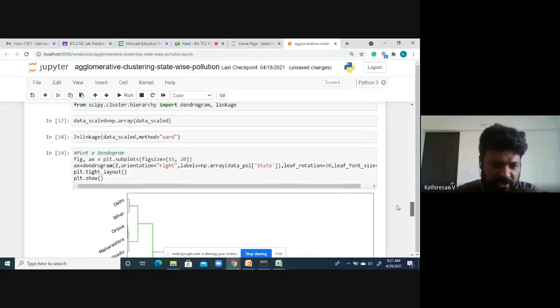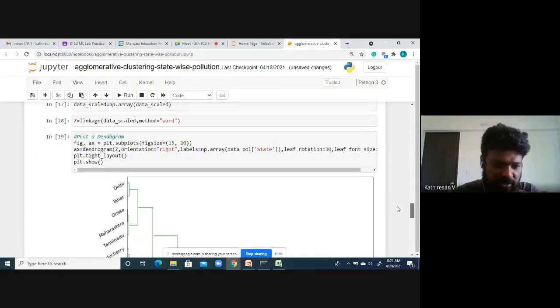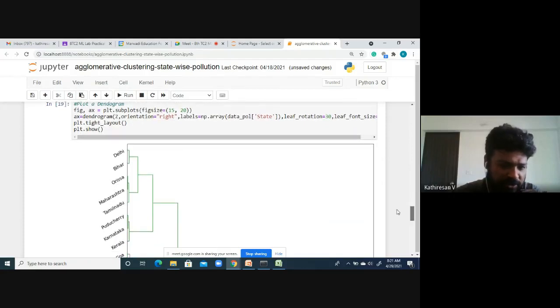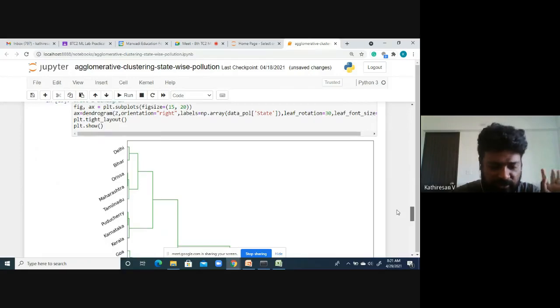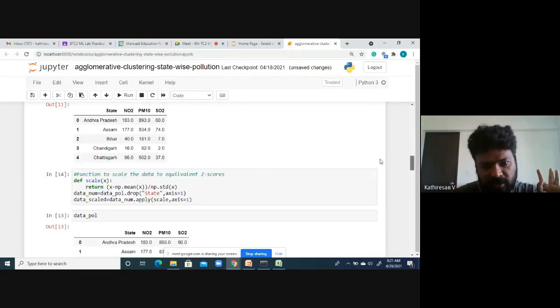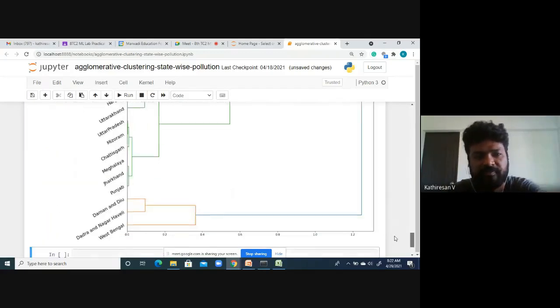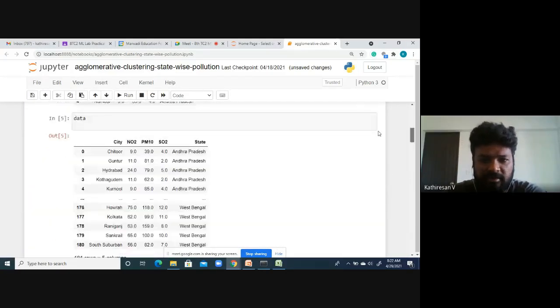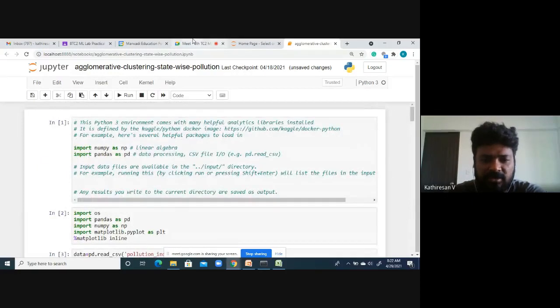Initially Delhi and Bihar are joined together as a cluster, and Orissa and Maharashtra joined as a cluster, and Tamil Nadu joined with the Orissa-Maharashtra cluster, and then Delhi, Bihar, Orissa, Maharashtra, Tamil Nadu joined together in the next level. Likewise, it is going. This is how hierarchical agglomerative clustering should be done.